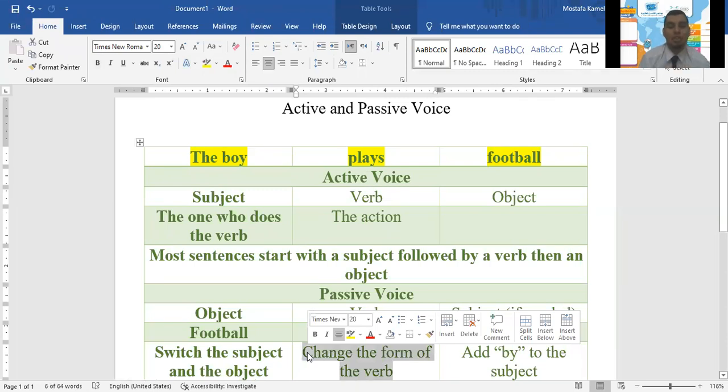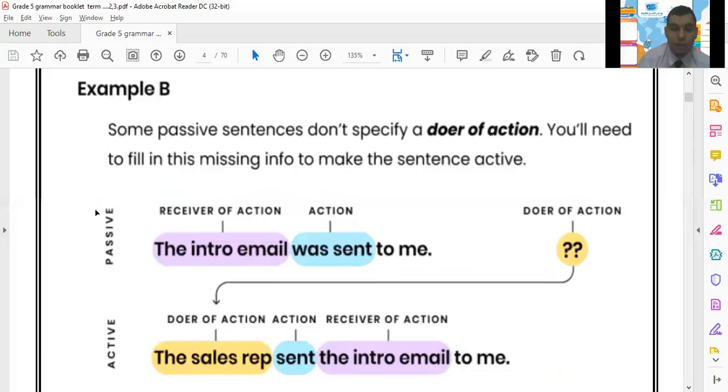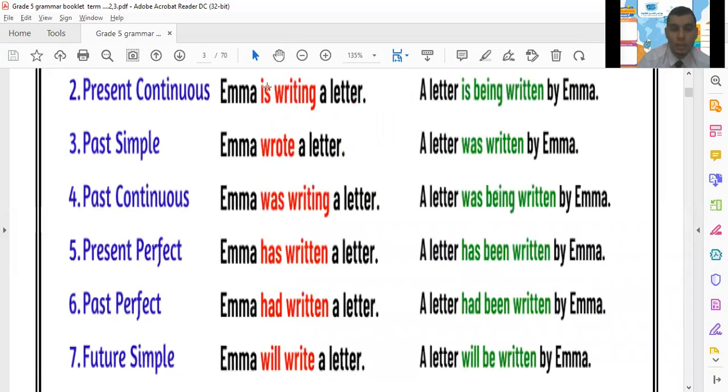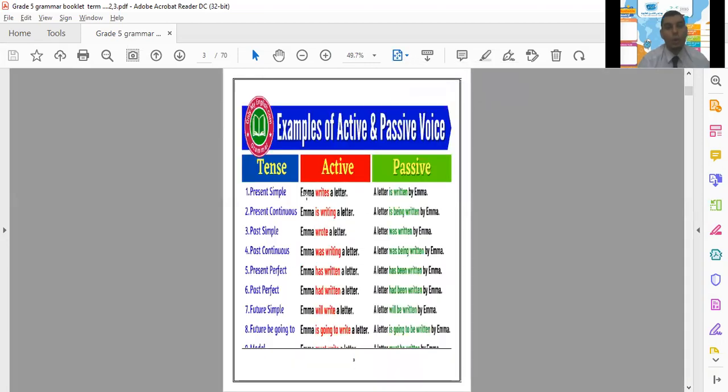This is essential. We must do this. Got it? I know we have to do it, but I don't know what I have to put. You refer back to page 3. If you don't know what to change, you refer back to page 3. Okay? Okay, great.